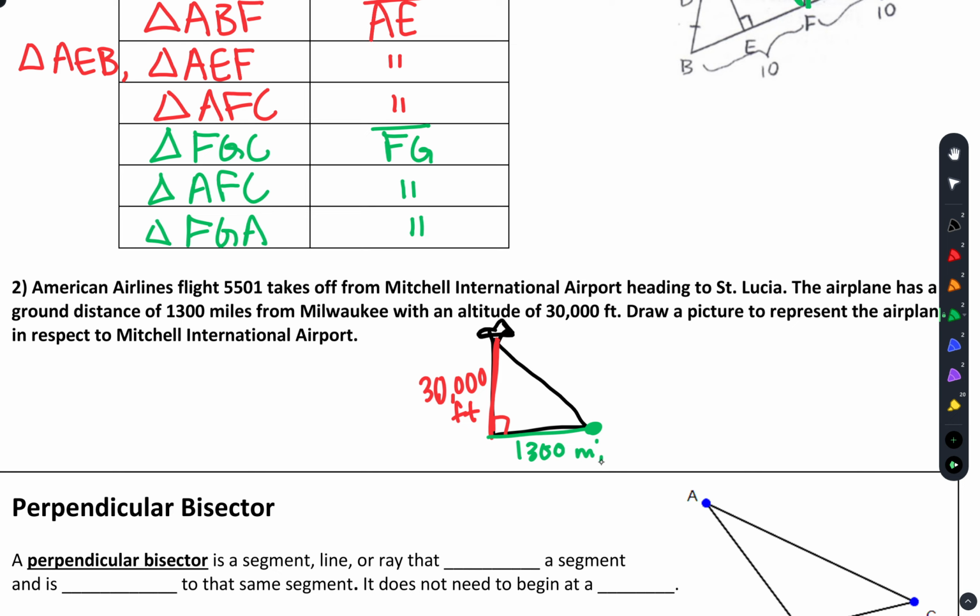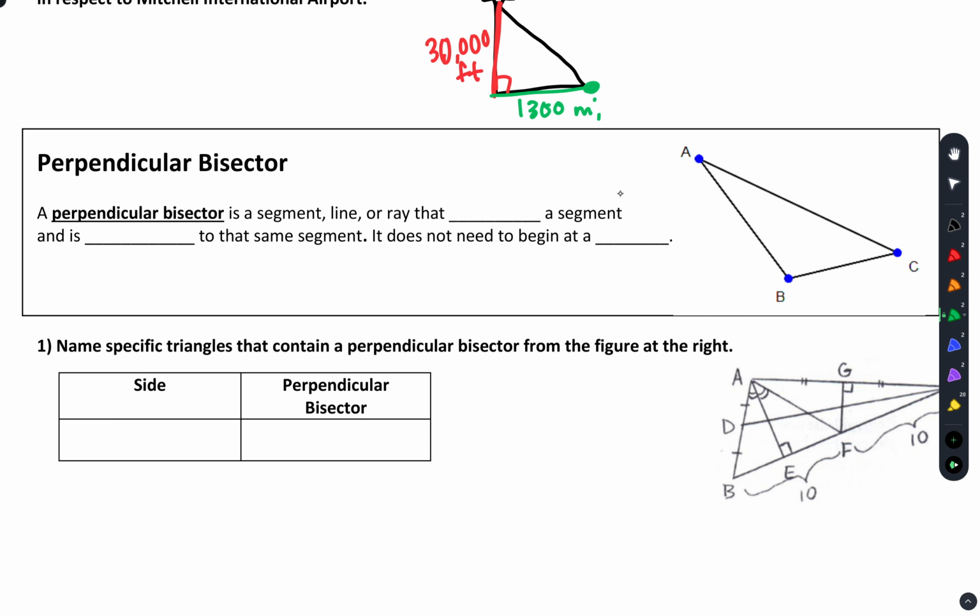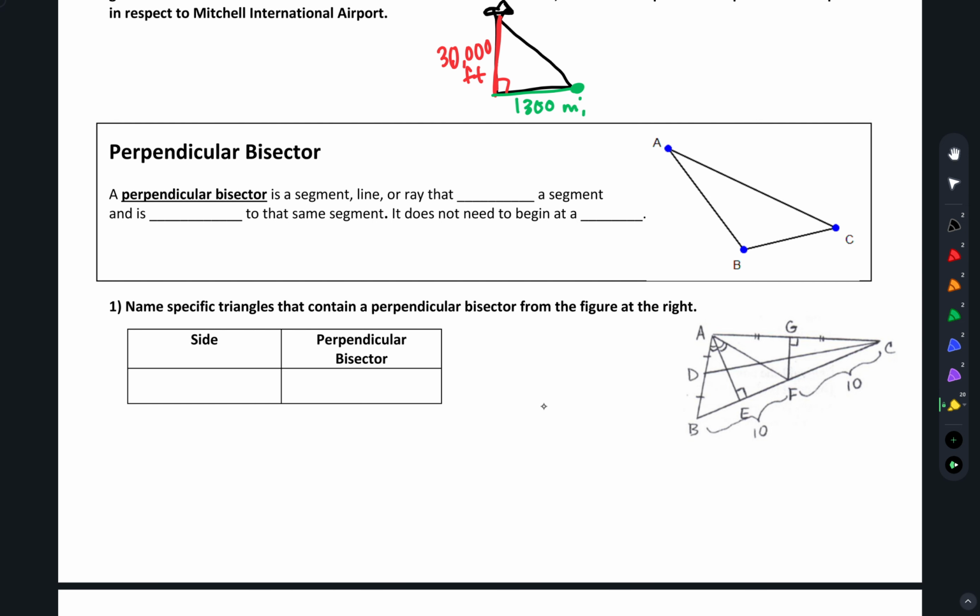Okay, a couple more. The next one is a perpendicular bisector. We have also seen this term, I think, at least once before. We've definitely seen both of these terms separately before. Perpendicular bisectors are the only ones that do not have to start at a vertex.